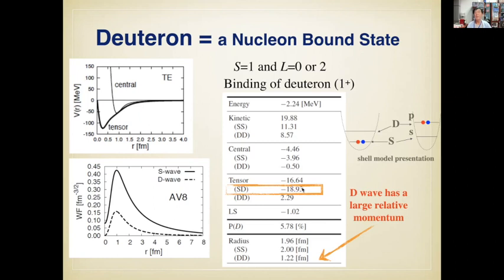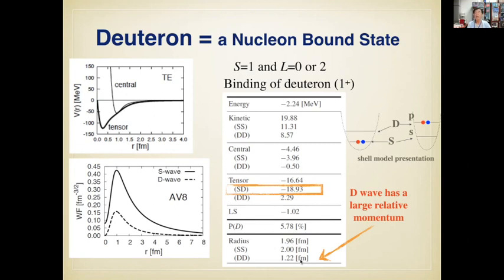Okay. Now, another thing is, if you see the size of the S wave and D wave, it's funny that the D wave here is smaller, which means this D wave includes high momentum.